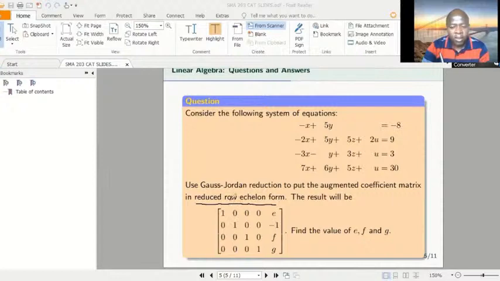The first one was not reduced row echelon form, it was just row echelon form. So if you take that augmented matrix and reduce it to reduced row echelon form, the result should look like this. And when the result is like this, read for us the values of E, F, and G. This one has already been given to us as negative 1.